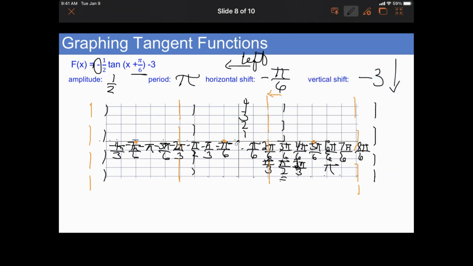The reason why I'm keeping it and not doing it in halves, because I'm going to have to drop it by 3. So the halves would have made it really long down here. So what we do in order, there's actually an order of operations. You would do the horizontal shift, you would do the amplitude, and then you would do the reflection, and then you would drop it down.